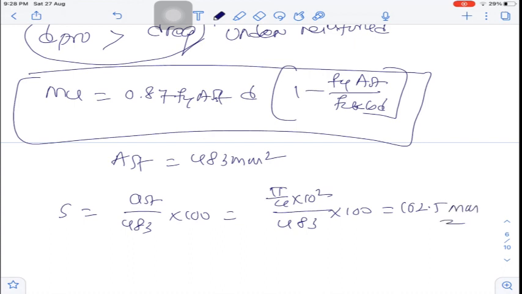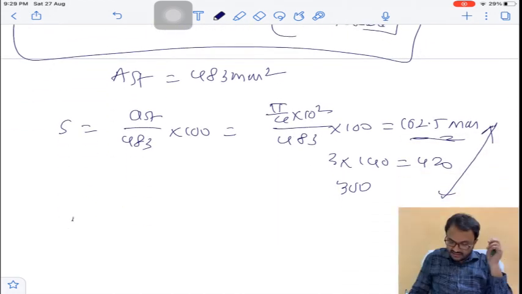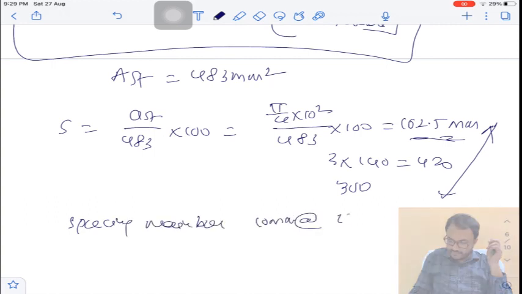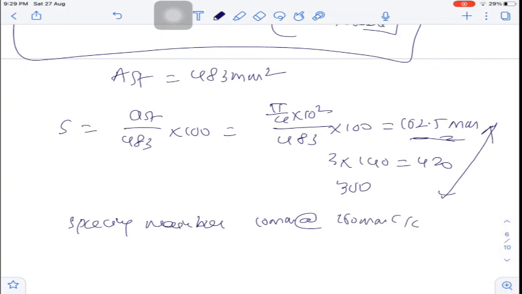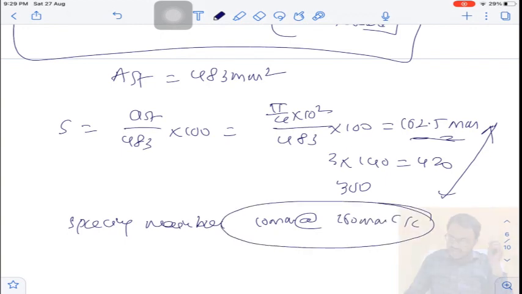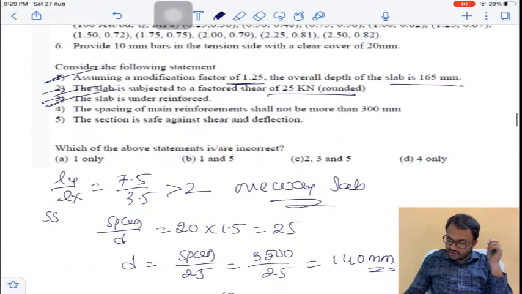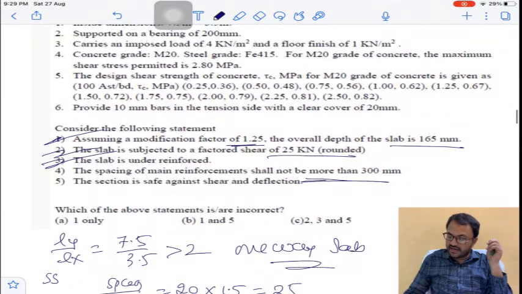And the maximum horizontal distance between main bars is 3 times effective depth or 300 mm. Out of this, whichever is minimum, it is 162. So spacing of main bars is 10 mm bars at 160 mm center to center. Clear? So he has given spacing of main reinforcement bars more than 300 mm. This is wrong. So statement 4 is correct.